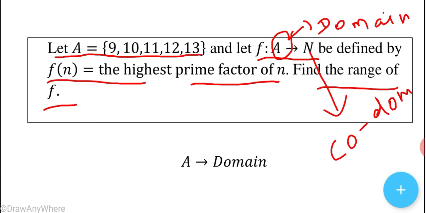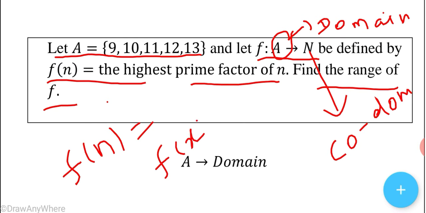So f(n) equals the highest prime factor of n. For f(x), we write x as the input and f(x) as the output.